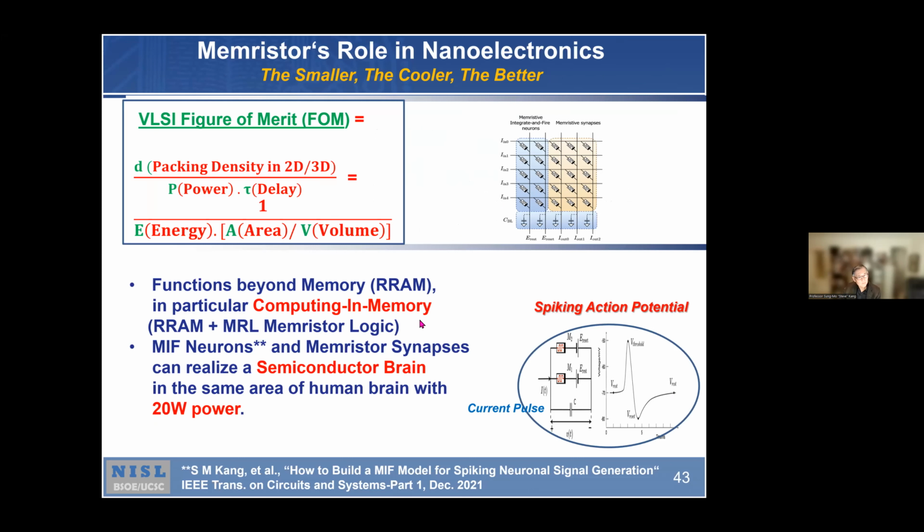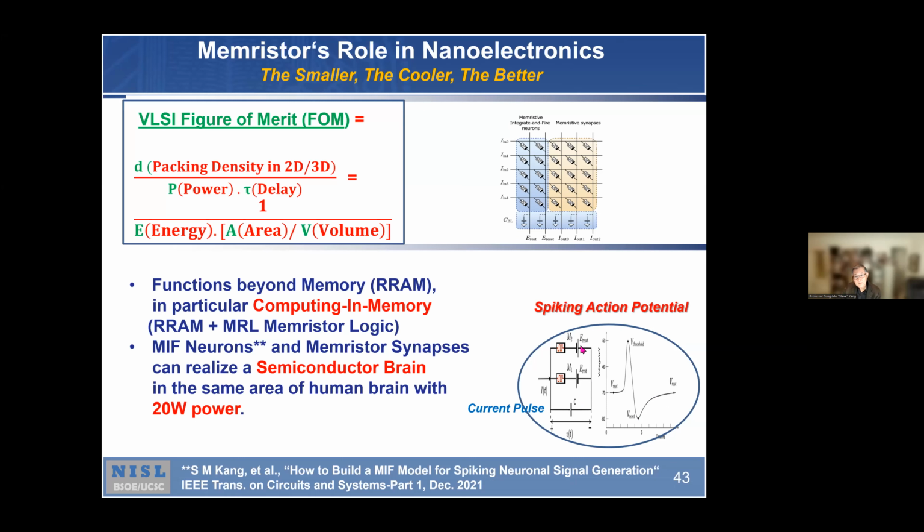Furthermore, we recently published a paper on how to build the MIF, memristive integrate-and-fire, spiking neuronal signal generation. We use two off-the-shelf memristor components. If you provide the current pulse, you can generate this neuronal signal. See, it's quite interesting.